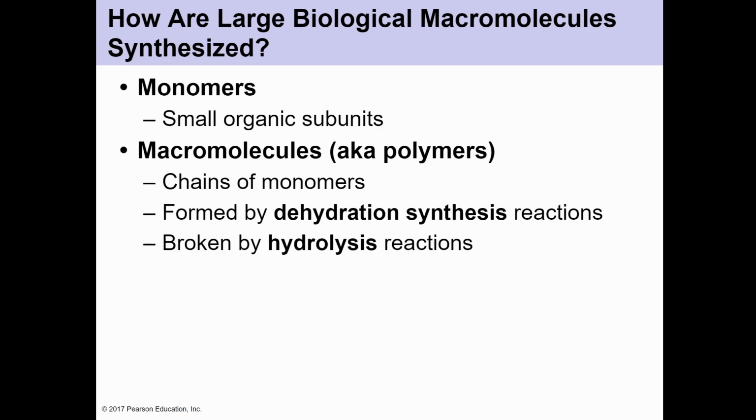So if we put many of these one subunits together, we can get a polymer. Macromolecules are just chains of monomers, and they're formed by biosynthesis, specifically a type called dehydration synthesis, where we remove water from the bonds of 2 substances to put them together. And then if we add water, we can actually break apart the subunits of a macromolecule, and this process is called hydrolysis.